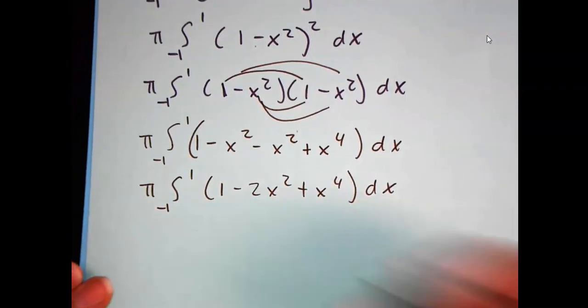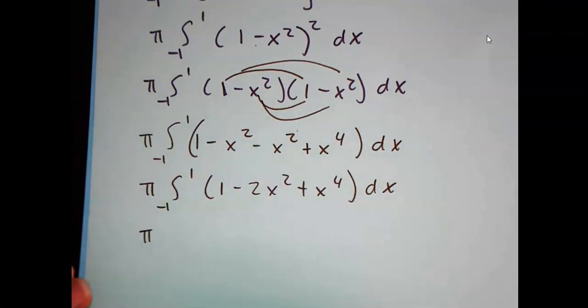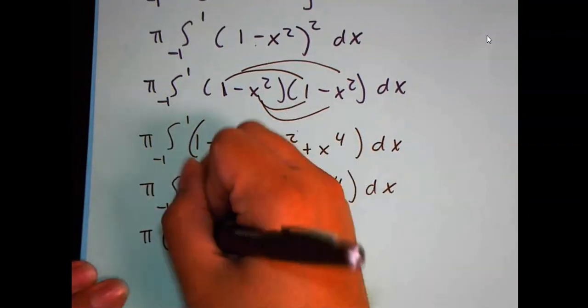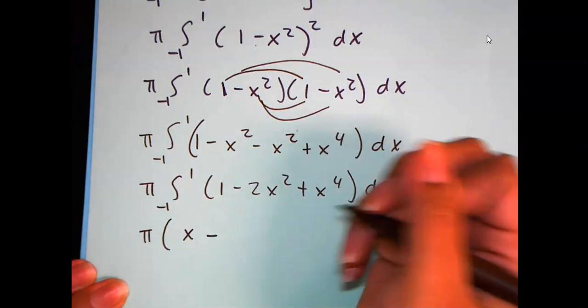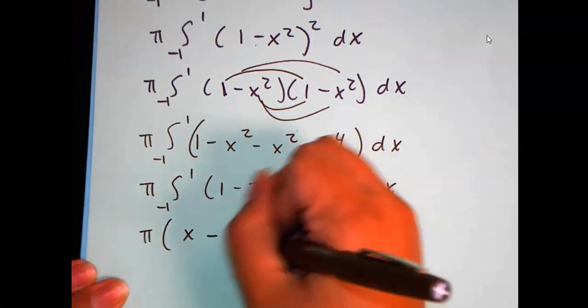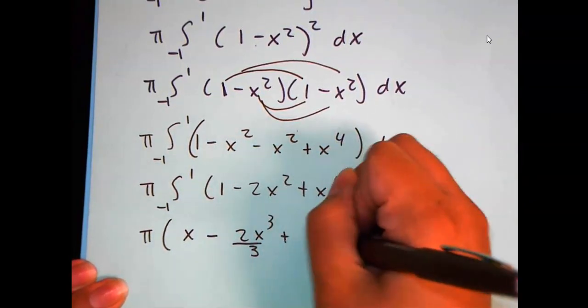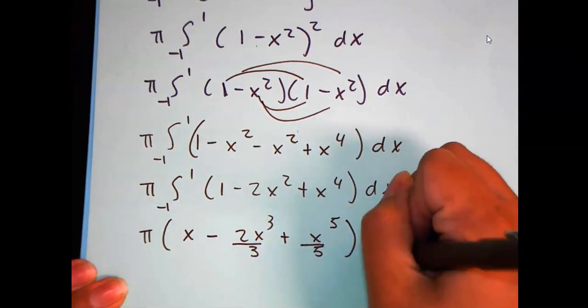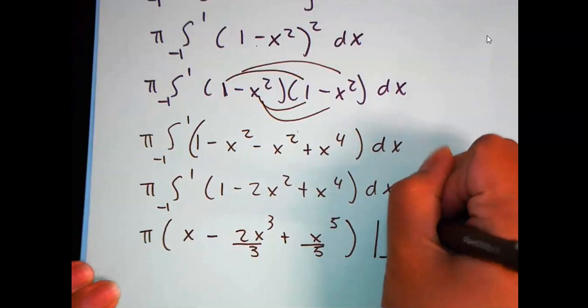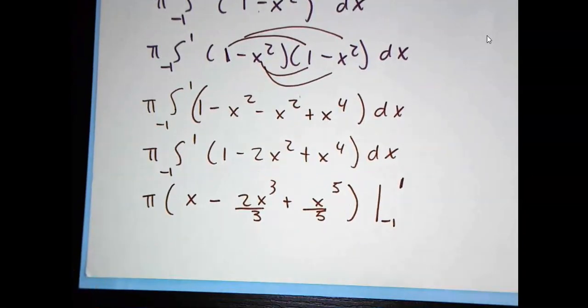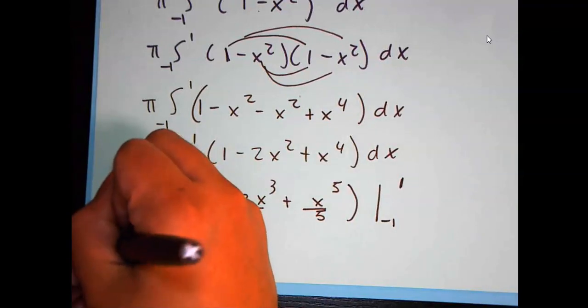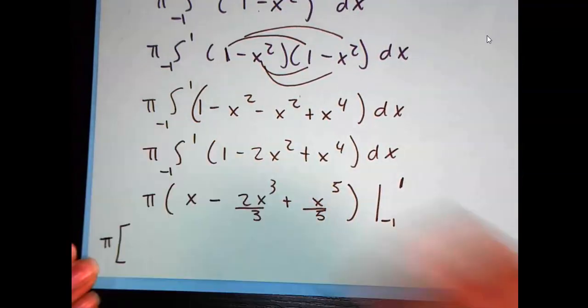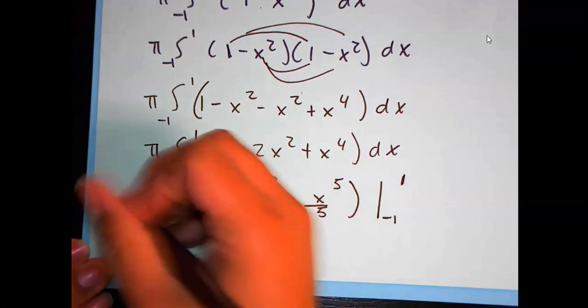What we're going to do now is evaluate the integral. It's going to be 1x minus 2x to the 3rd over 3. Remember, we add 1 to the exponent and divide by that number. And this is going to be from -1 all the way to 1. So we're going to have pi, and I'm going to put square brackets. I'm going to evaluate 1.